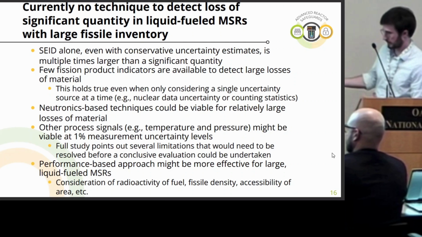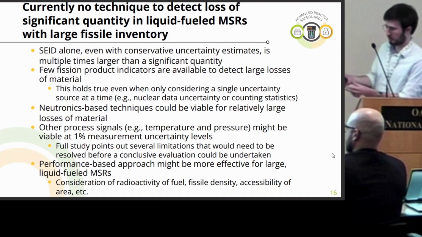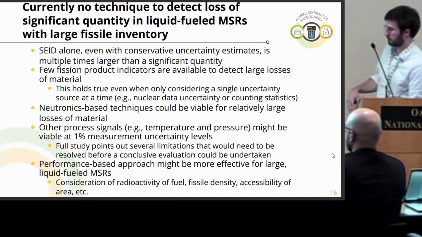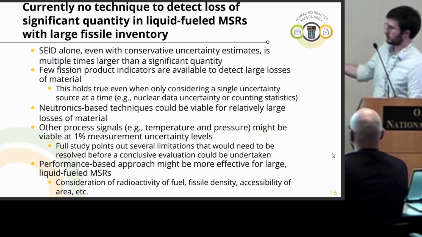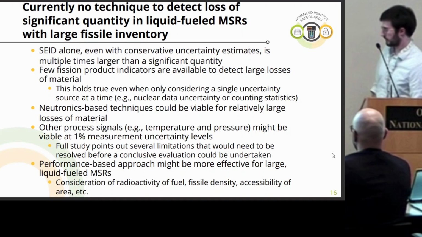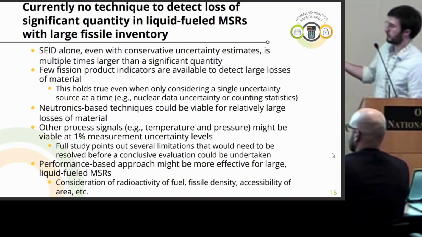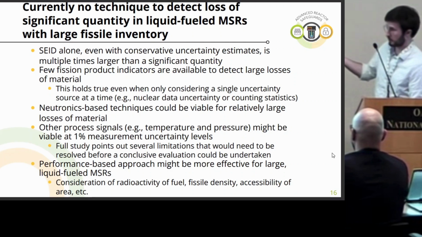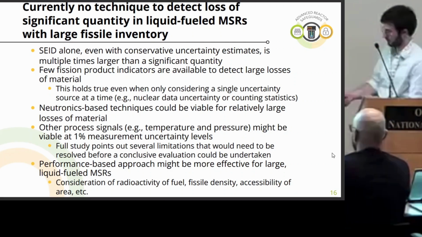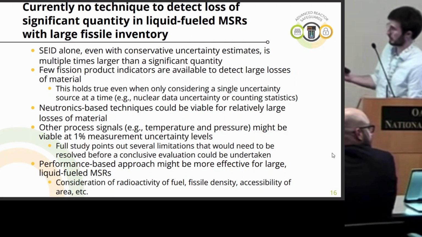Aqueous facilities, for example, have the advantage of having an accountancy tank where all the material has to go through it. You can measure a small amount at a time and get the uncertainty down. But when you have these large scale commercial reactors with potentially tens, hundreds of kgs of fissile material, that's pretty normal in the reactor space if you compare it to an LWR, but because it's dissolved in the salt, it's a little bit trickier to deal with.